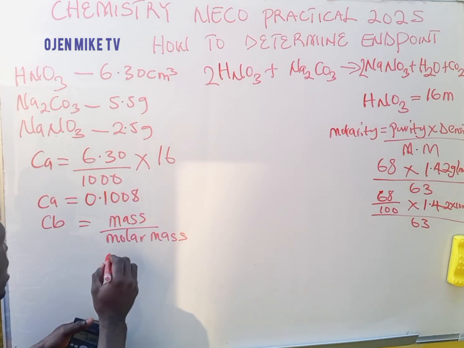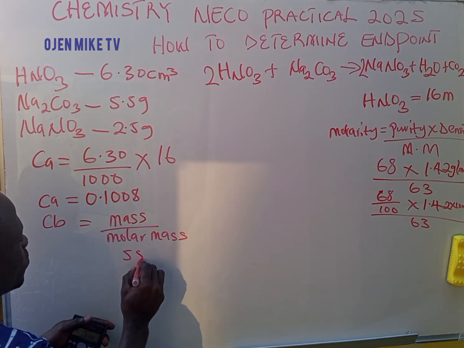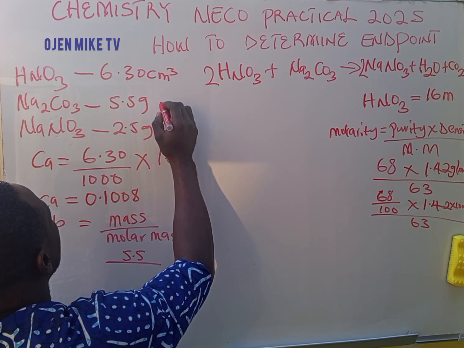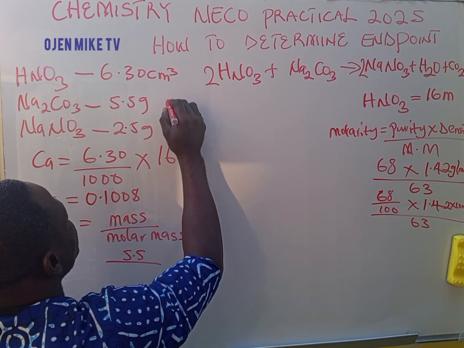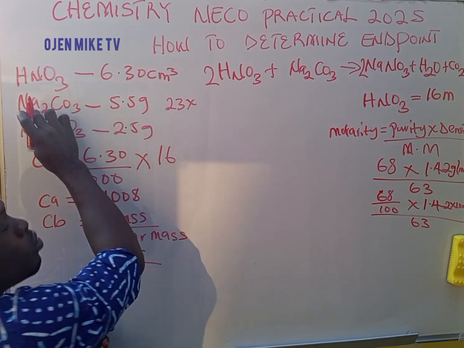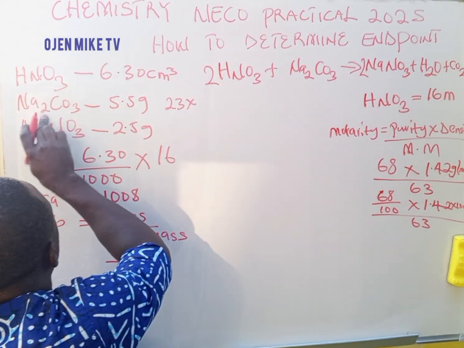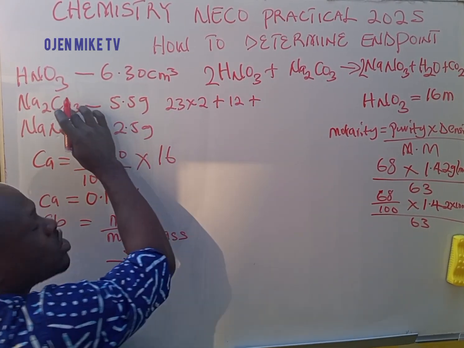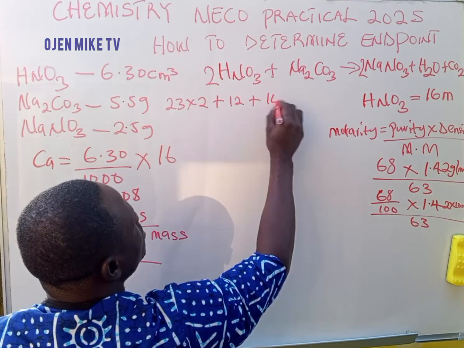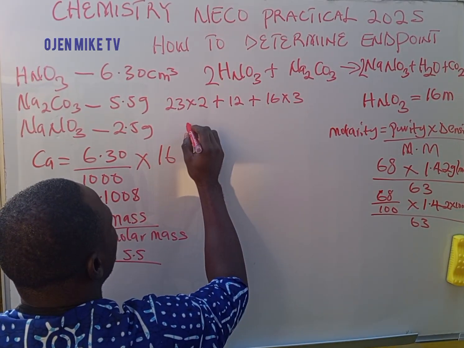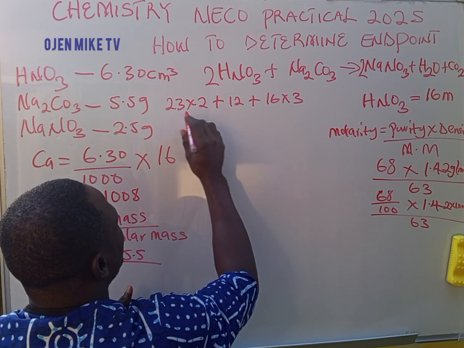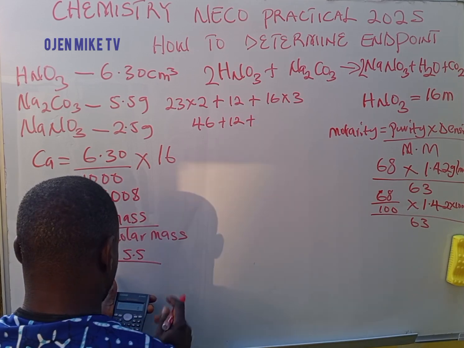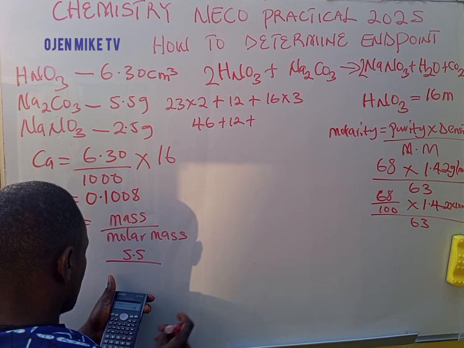Mass over molar mass. What is your mass? Mass is 5.5, divided by the molar mass of this one. So we are going to calculate the molar mass. Sodium is 23, times 2 because it has two atoms, plus carbon is 12, plus oxygen is 16 times 3, which is 48.